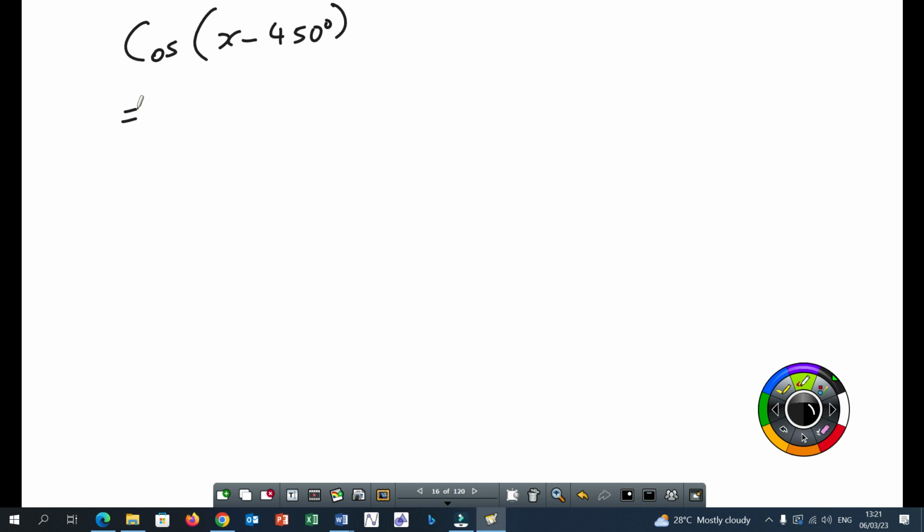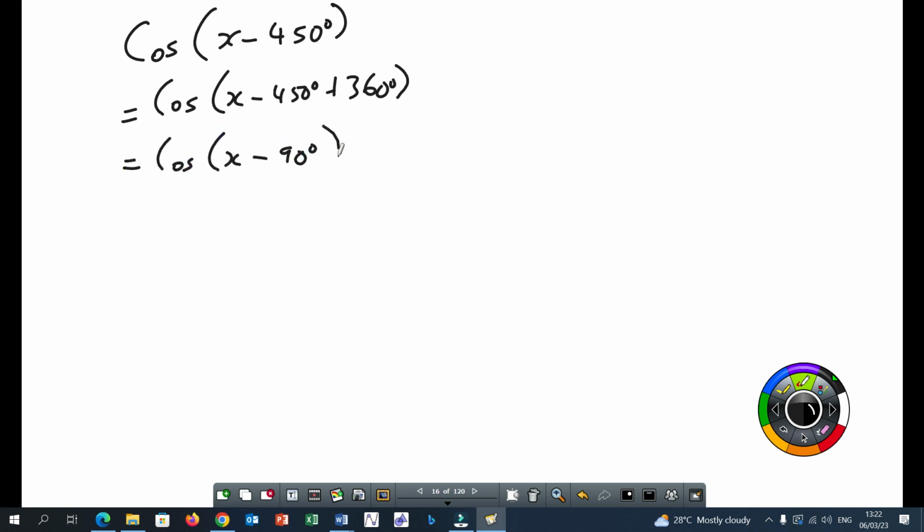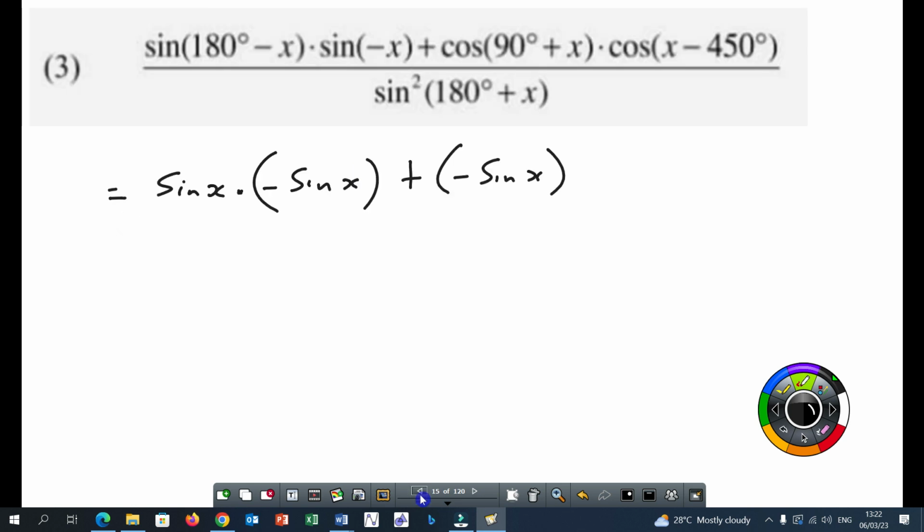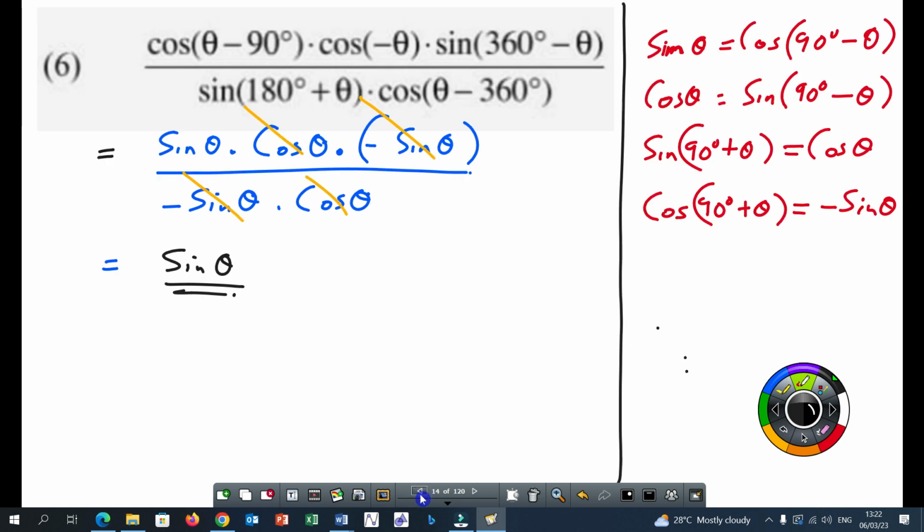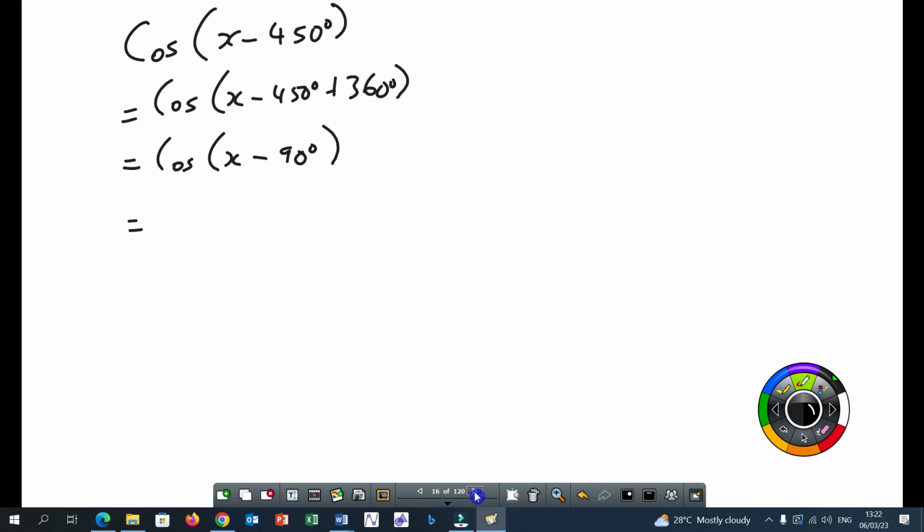If you add 360 to it, you get cos x minus 450 plus 360 degrees. This will give you cos x minus 90 degrees. Cos x minus 90, this one here, it's equal to what? To sine. So this is equivalent to sine x.